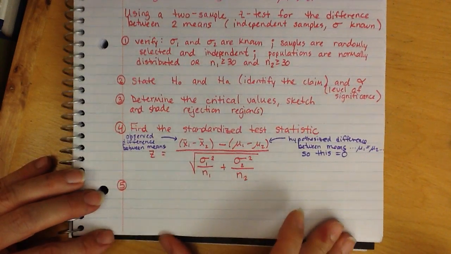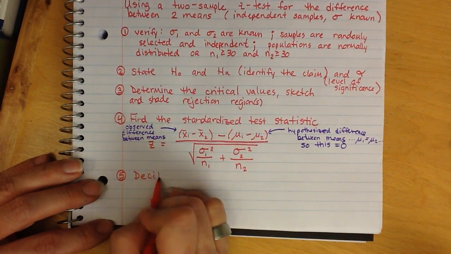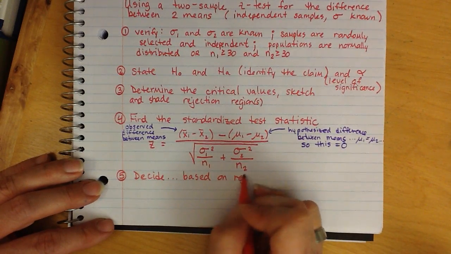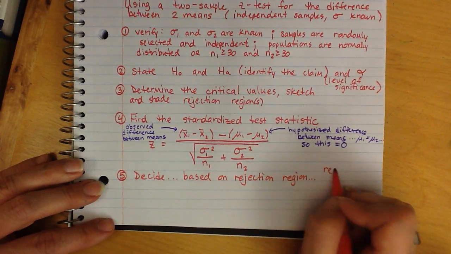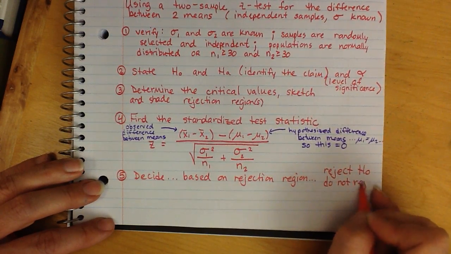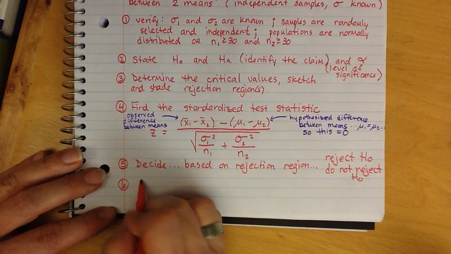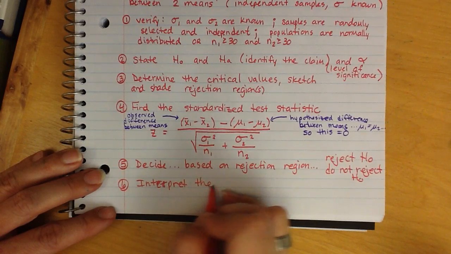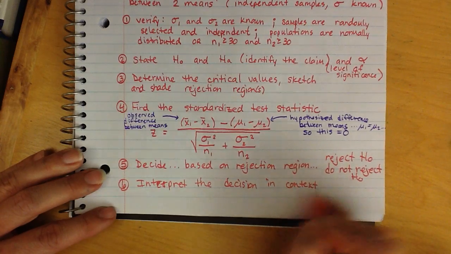Then the fifth step is, once we have that standardized test statistic, we're going to decide based on rejection regions whether we reject H sub 0 or do not reject H sub 0. And then the last thing we're going to do is interpret the decision in context of the original claim.